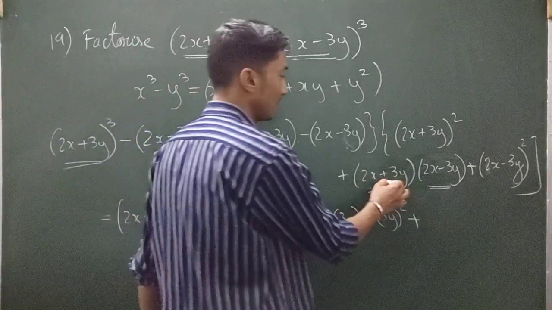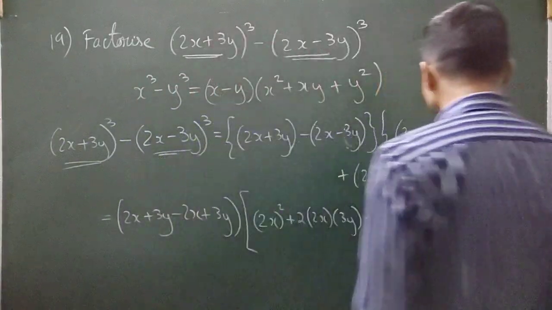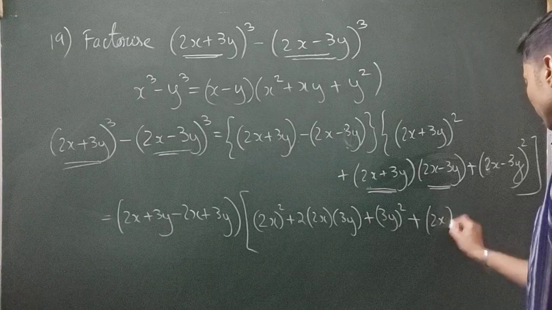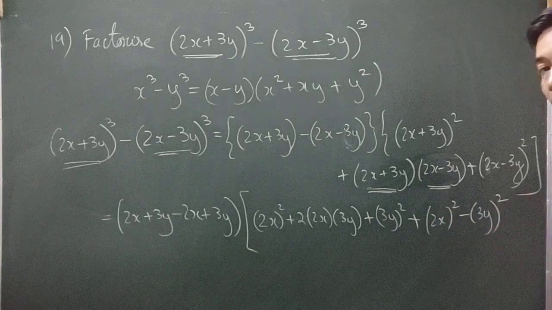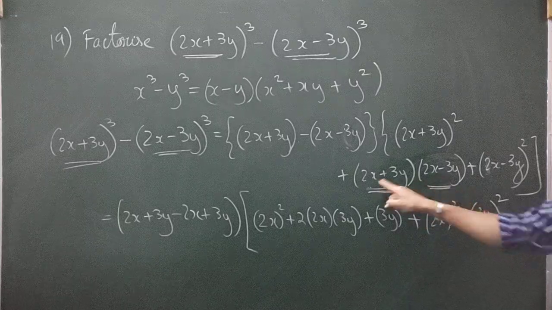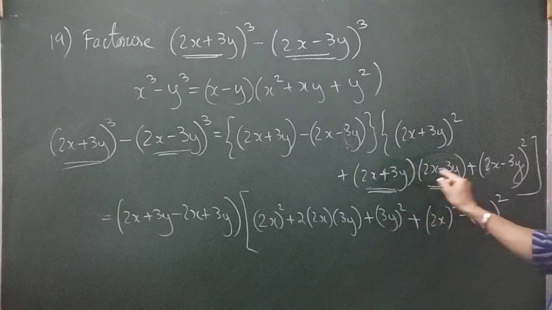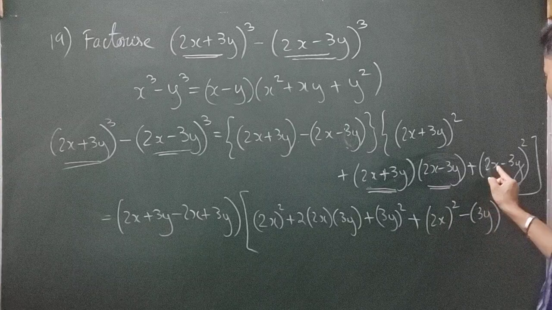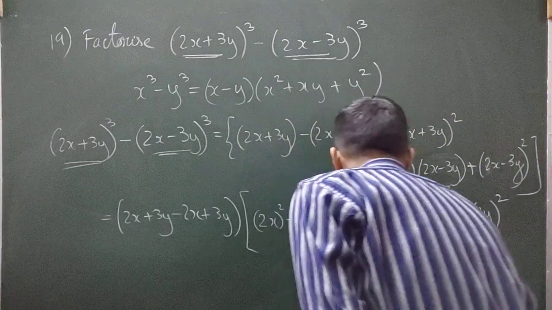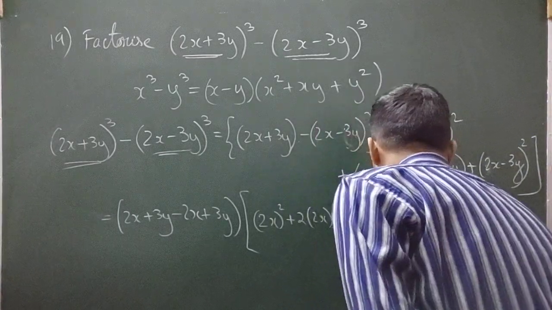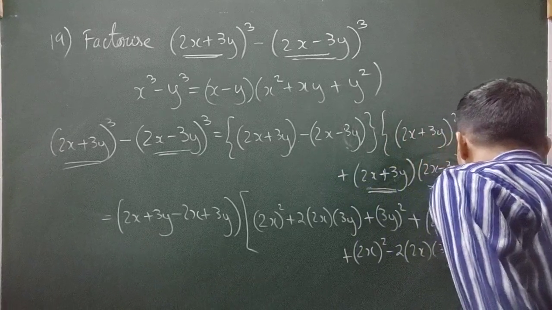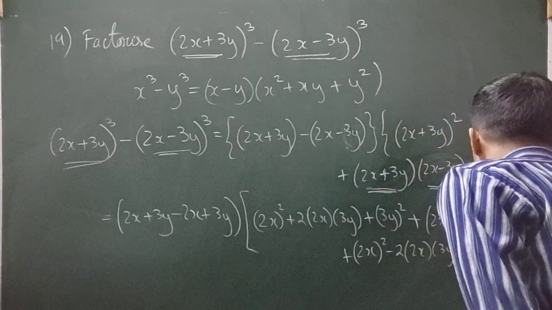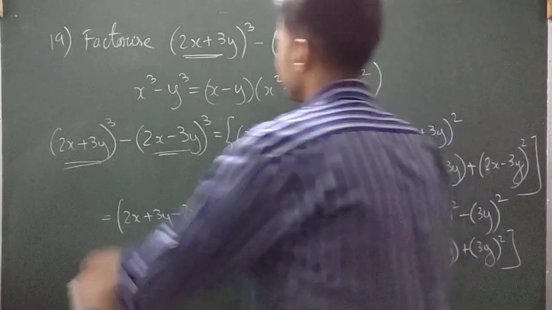So the terms are same, just plus minus. That one I already told you how to identify, that is a square minus b square, a plus b into a minus b, a square minus b square. And this one again I'll expand, that is a minus b whole square, that is a square minus twice into a into b plus b square.